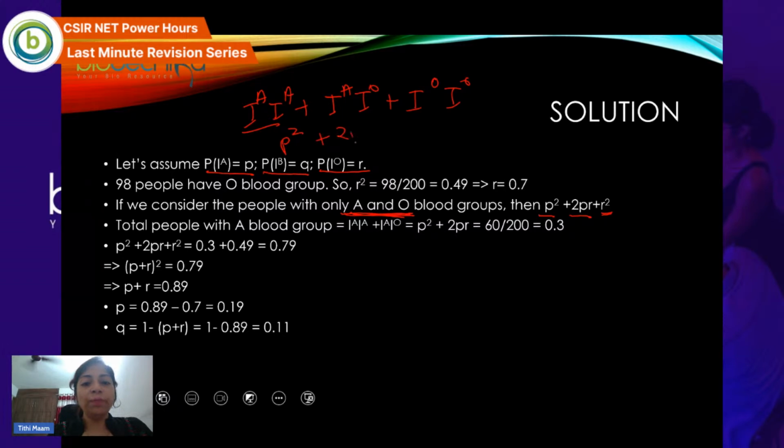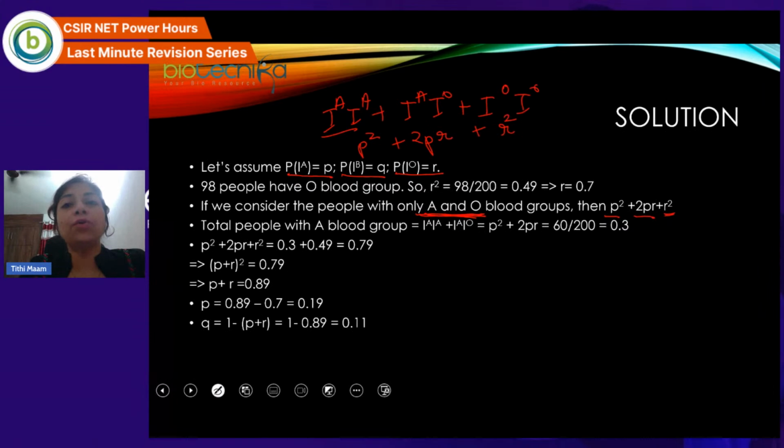IAIO will be 2PR, and IOIO will be R square. Now this value is not equal to 1. Remember that. Shrivani, we are dividing it by 200 because it's the frequency. There are 200 people, there are 98 people out of 200 who are showing the O blood group.